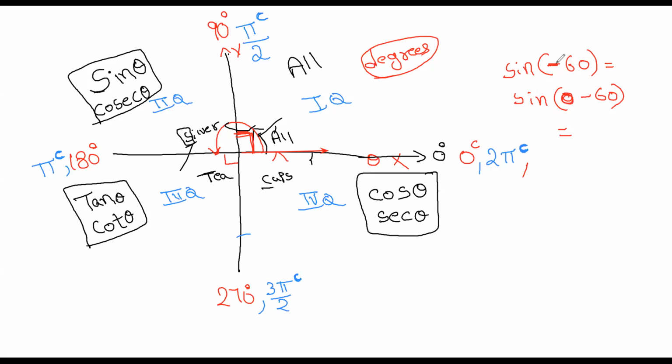Minus 60 lies in which quadrant? Minus means from 0 in the clockwise direction, 60 degrees. It will be over here, so that is in the fourth quadrant. In the fourth quadrant, sine is positive or negative? Negative. That's why minus.